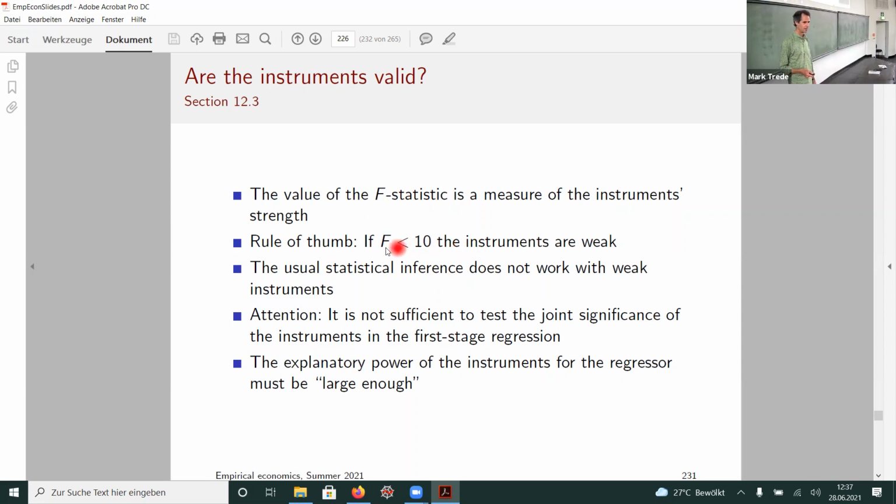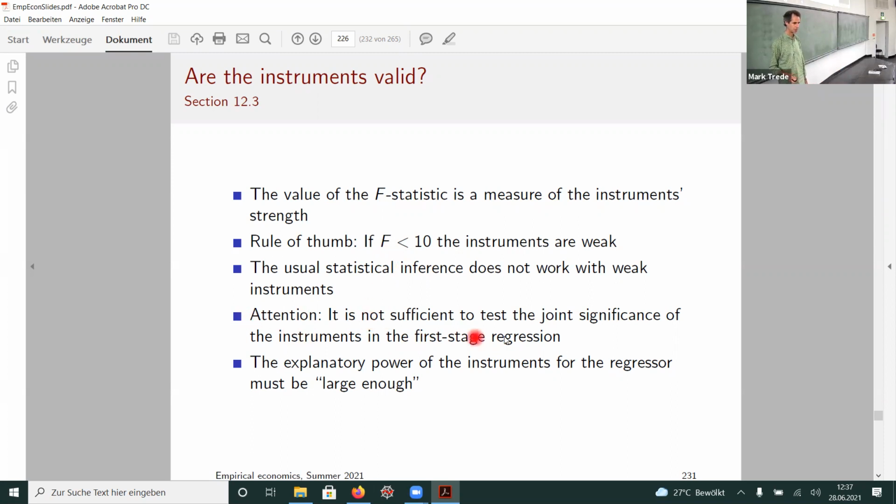So we do not use the usual statistical inference and look at the p-value of this joint test. We use the F statistic itself and check whether it's smaller or larger than 10. And if it's smaller than 10, then you should be really careful and probably not use these instruments for two-stage least square regression.